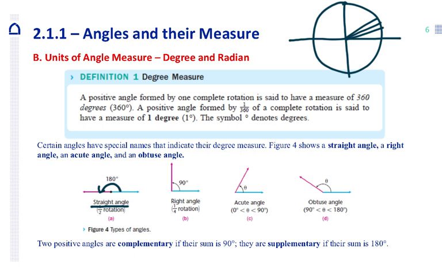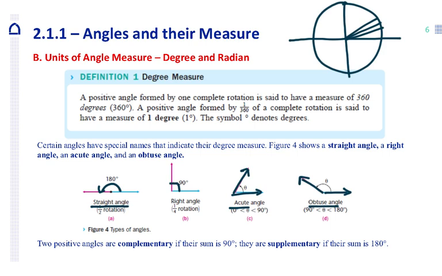If you went a quarter of the way around the circle, this one you should be comfortable with. It's called a right angle. It's 90 degrees. If you go less than 90 degrees, we use the word acute. It's an acute angle. And if you go more than 90 degrees and less than 180 degrees, it's called an obtuse angle.